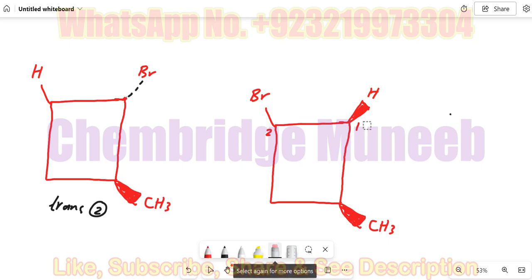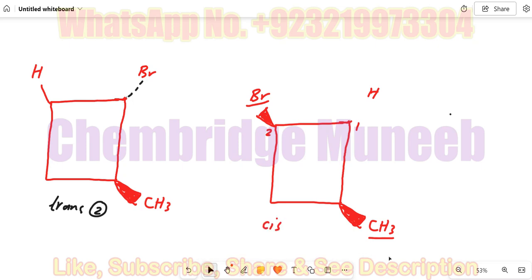Now I have to indicate the bond of the bromine, so I will say it is again a wedge at this point. Now both CH3 and Br are the bonds which are coming out of the plane, so it is now called a cis form of the product.